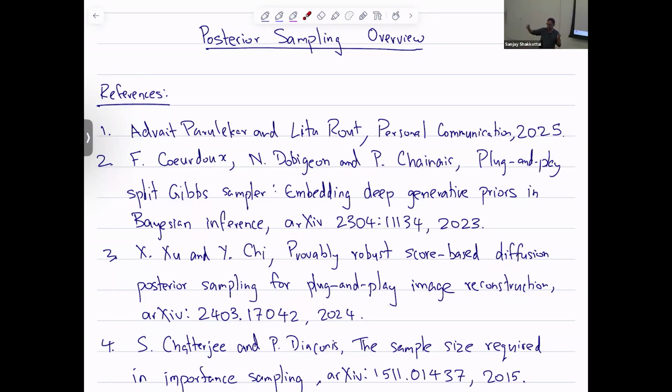Let's start with text. I give you a question and you generate an answer to this question. If it's an image, I give you a blurry image and say clean it up and give me a clean image. Or I give you a text description, generate an image of Sanjay standing in front of a classroom, and it should generate that. So it's always contextual.